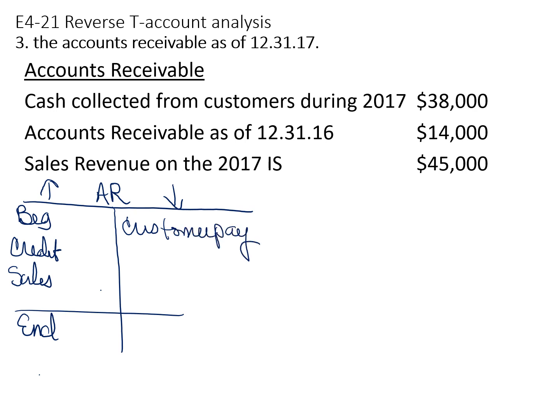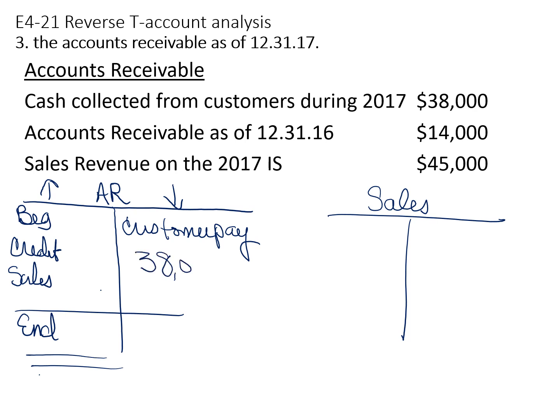So what they want us to figure out is what is the accounts receivable at the end of the year. So cash collected from the, and I should put sales over here too. So the cash collected from customers during the year was $38,000 because that's the debit to cash and the credit to accounts receivable.